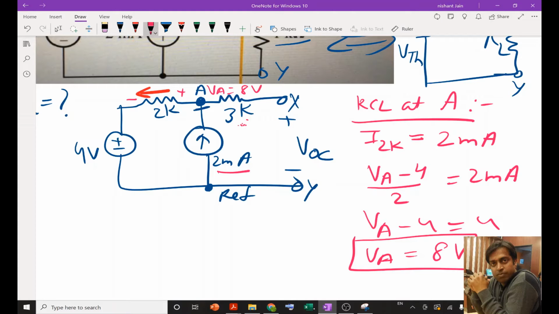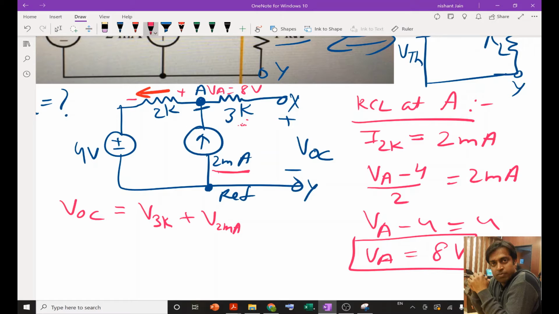Now my task is to determine this VOC. This VOC is equal to the potential across the 3K resistor plus the potential across this 2 mA current source.